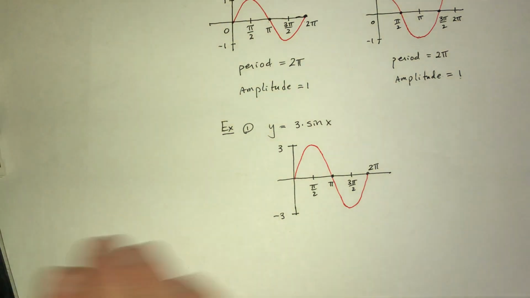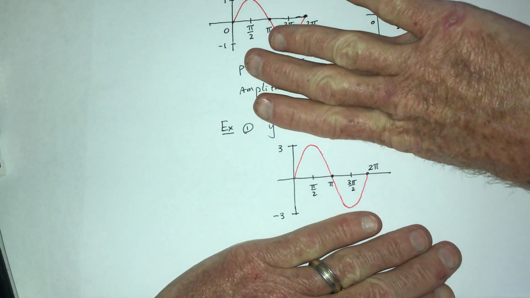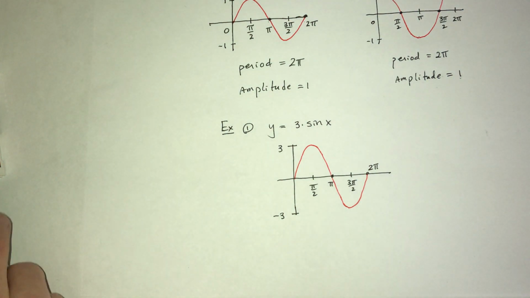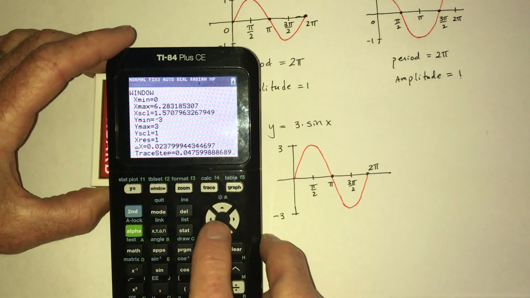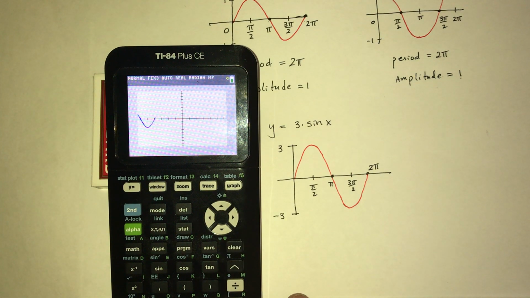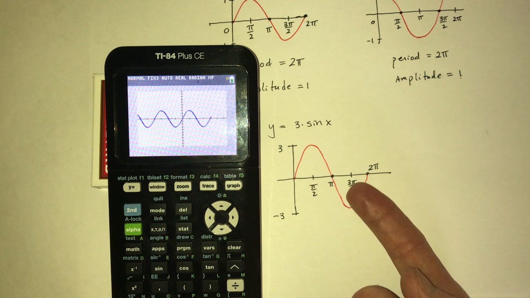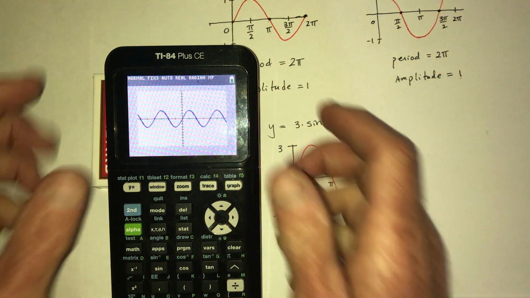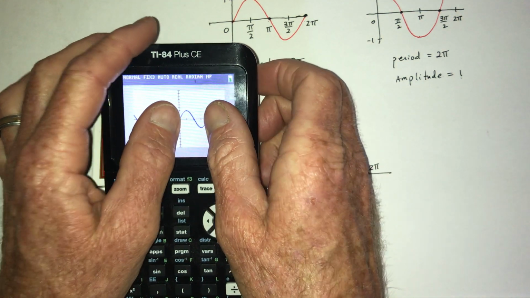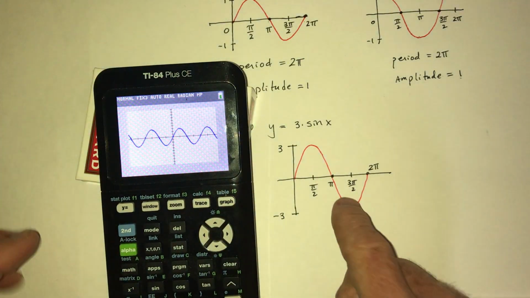That way, you're just looking at that window right there on the calculator, instead of if I did something like this, have it go from -10 to 10, and have it go from -10 to 10. And then it's going to look like this, and I'm wondering, wait, is that the same as this? Well, I really need to zoom in. And instead of having to do that, just make the window the same as this.